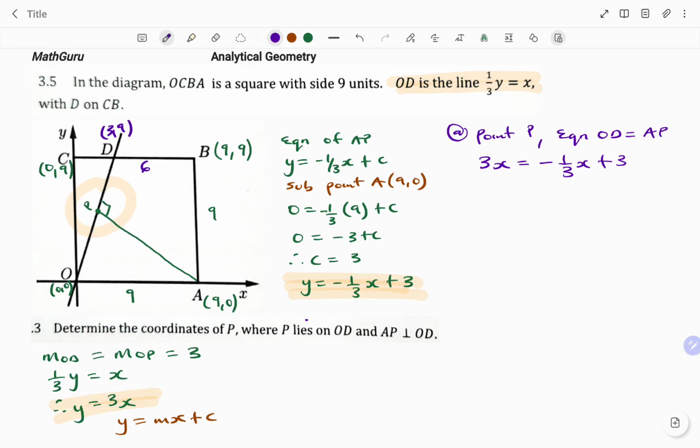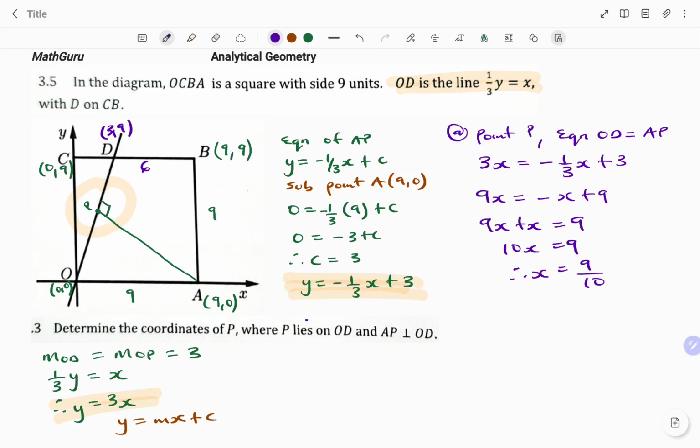The first step to get rid of my fraction, multiplying each term by 3, so I have 9x equals minus x plus 9. I have 9x plus x equals 9. 10x equals 9. Therefore, x equals 9 over 10.